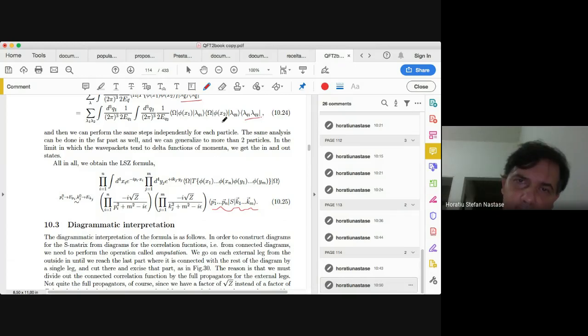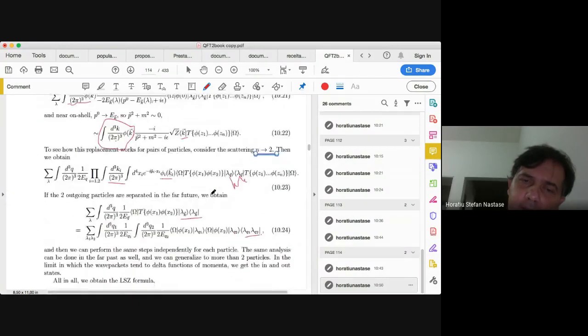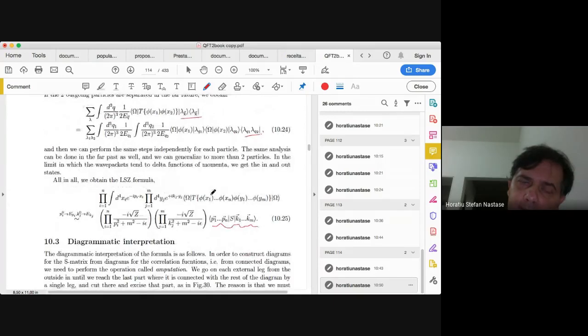So when I iterate the procedure, I obtain here P1 up to Pn out, product with Q1, K1 up to Km in, which gives this S matrix.